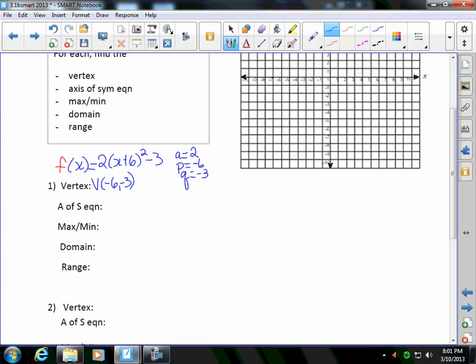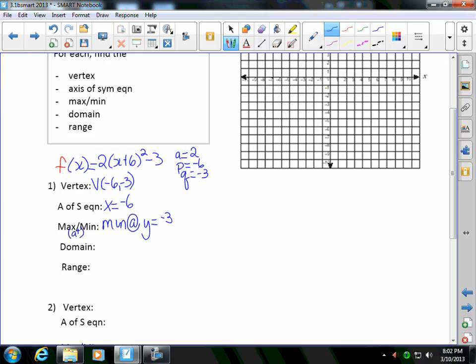The axis of symmetry is x equals p, so it's x equals -6. For maximum or minimum, I look at my a. A is positive, so my graph is going up, so I have a minimum. And my minimum is always at y is equal to q, so it's -3.